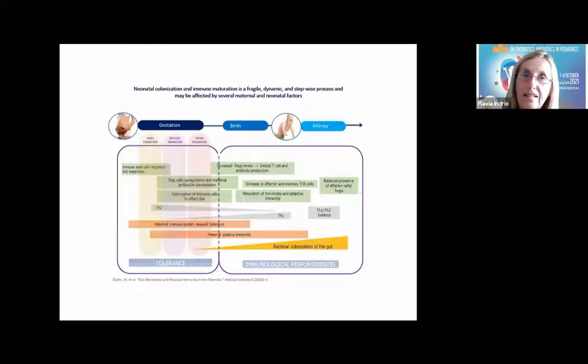What are the possible factors that influence gut colonization in the newborn? A lot. Maybe gestation, maybe yes, maybe not. For sure birth, and for sure infancy. Different colonization rules different maturation of the immune system. And remember neuroimmune interaction: we mature the immune system in a way, we mature the neurons in a way, and we can have an impact again on other gastrointestinal functions.